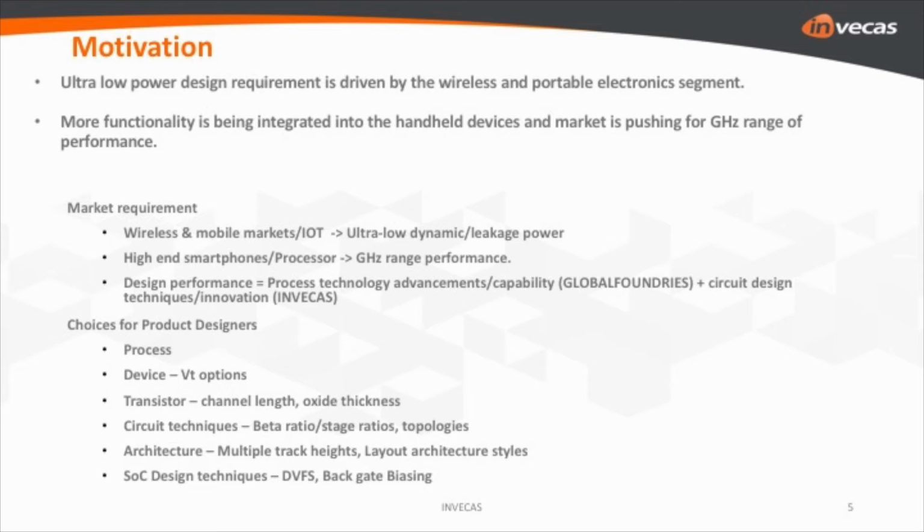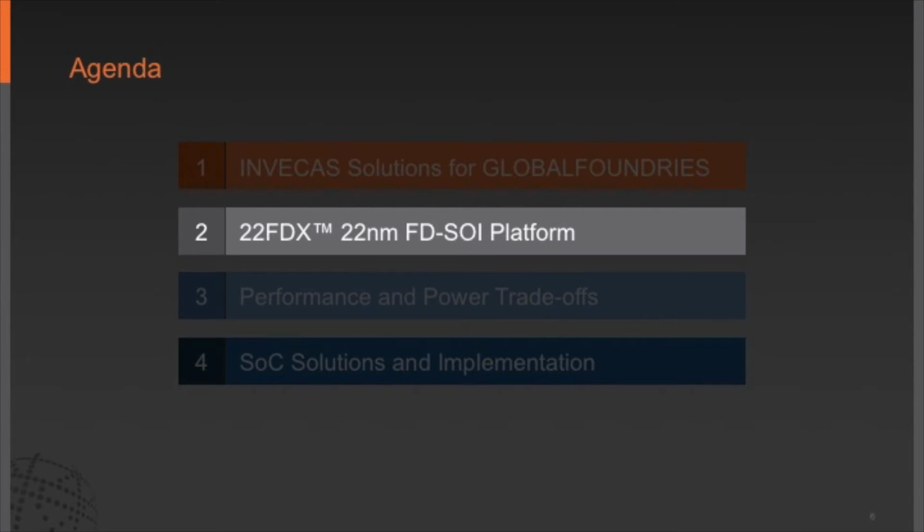And we have a very robust architecture of multiple track heights and excellent layout architecture styles. And our SoC design techniques, including DVFS and backgate biasing, are well proven and absolutely ready for the industry to explore.